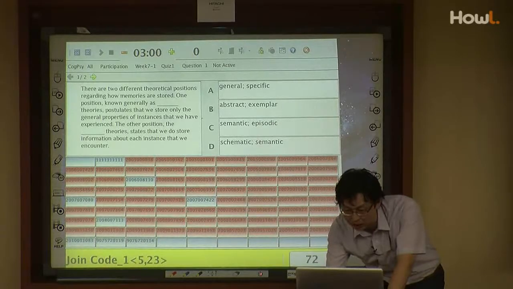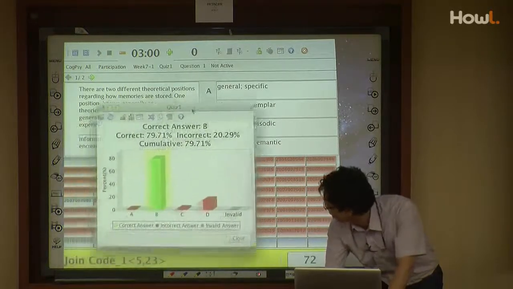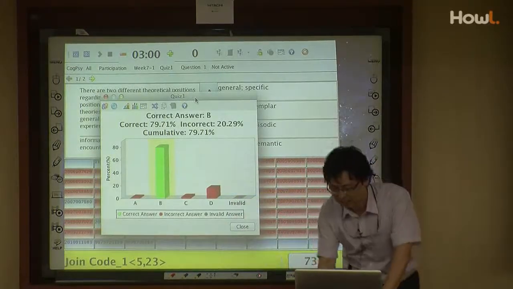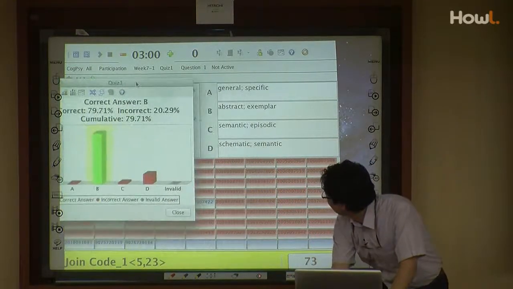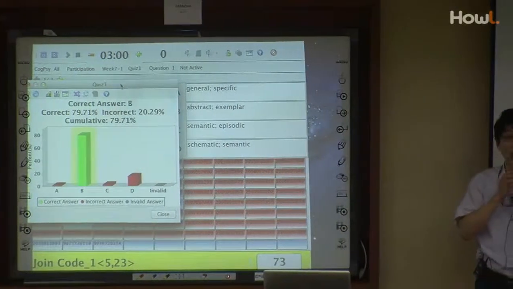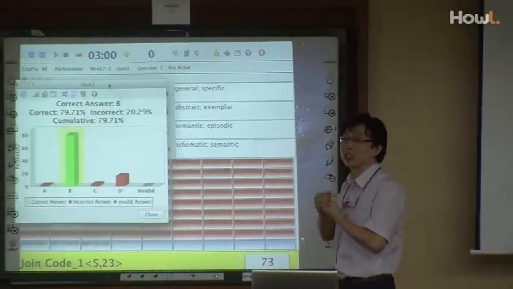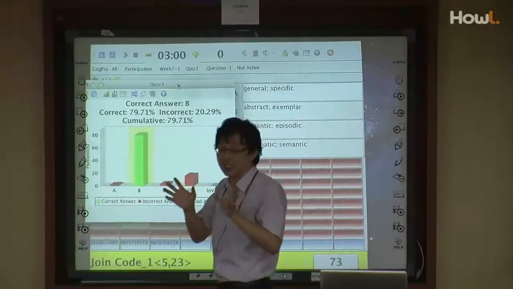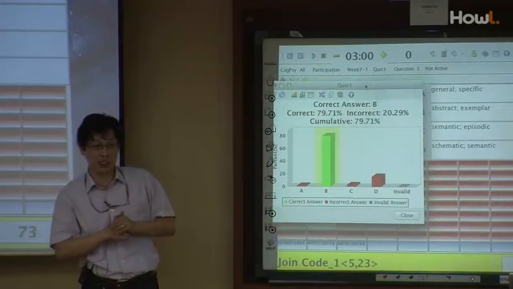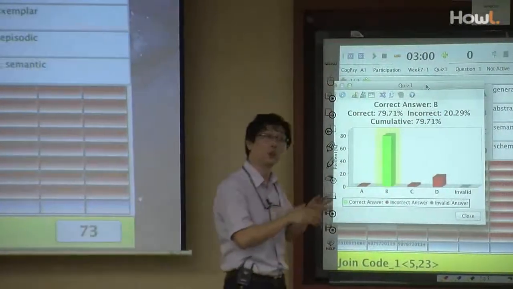Okay, D. Oh, no, D is not the right answer, because the schema and semantic network are how we represent knowledge, which is linked to artificial intelligence. That's what I explained last week.